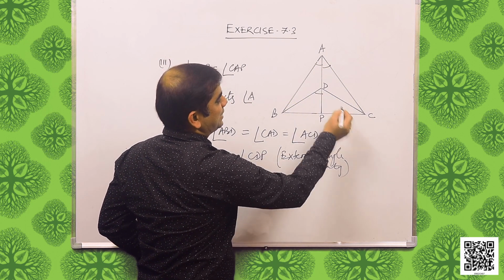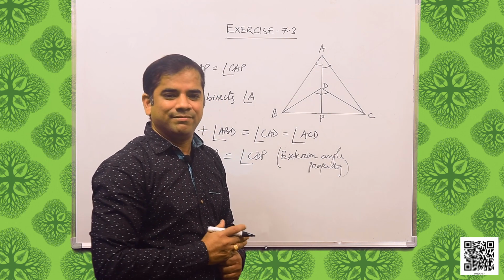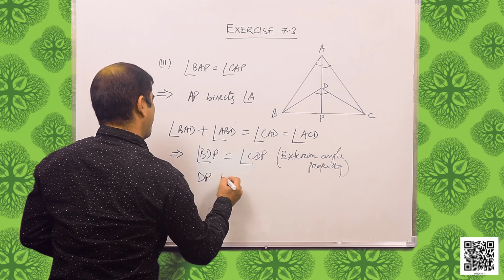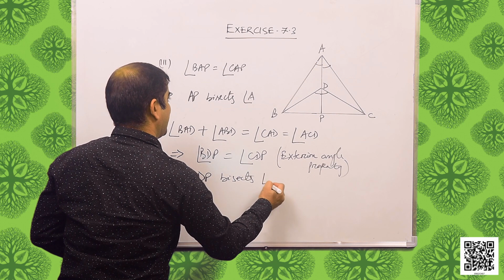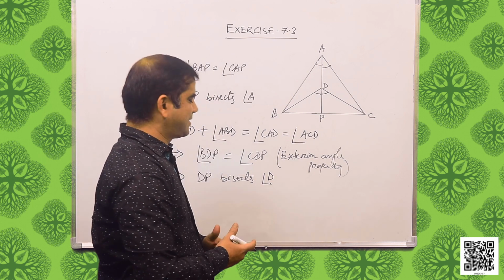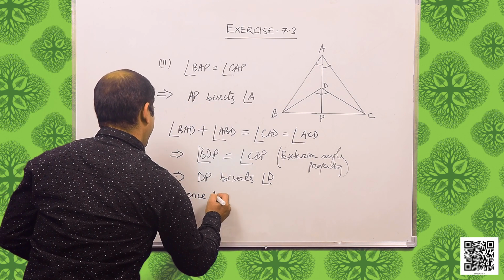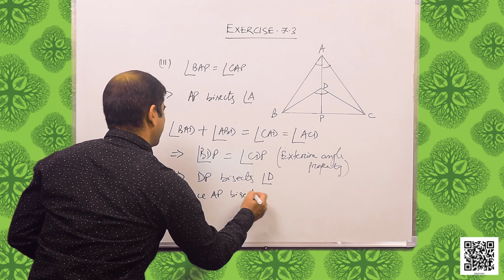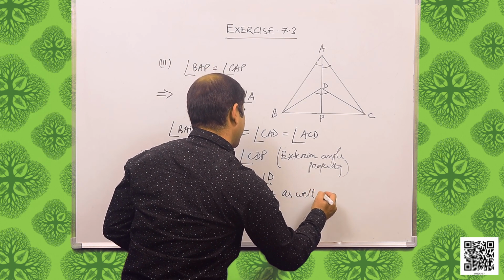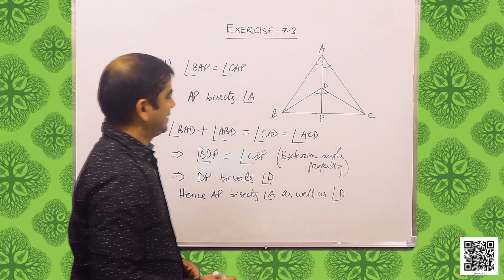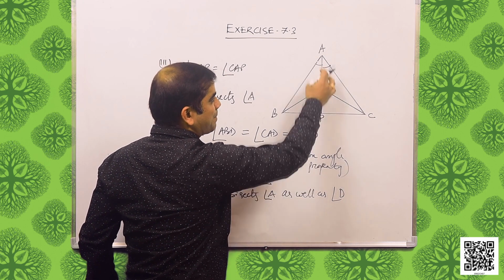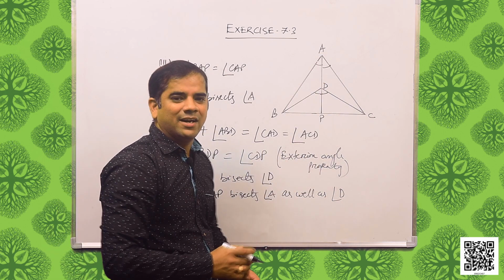So, DP bisects angle D. Hence, AP bisects angle A as well as angle D. AP bisects angle A, as DP bisects angle D. DP is a part of AP, so AP also bisects angle D.